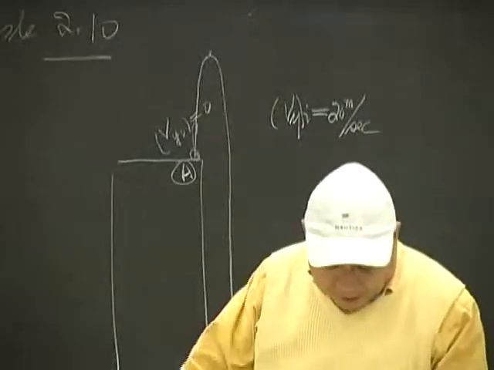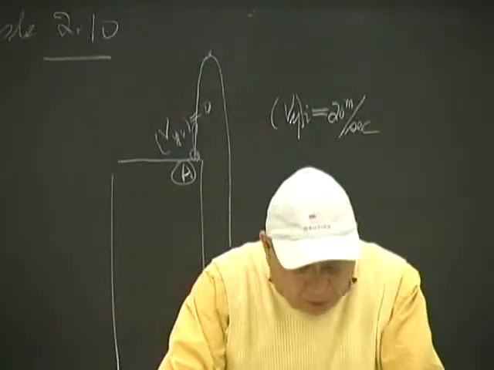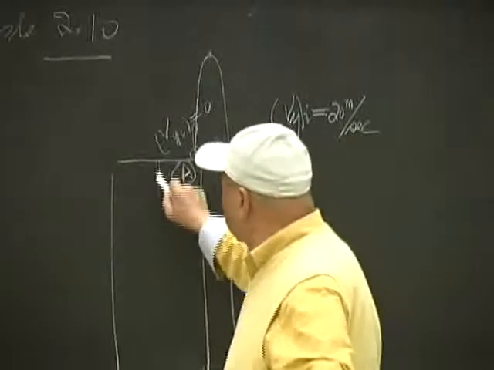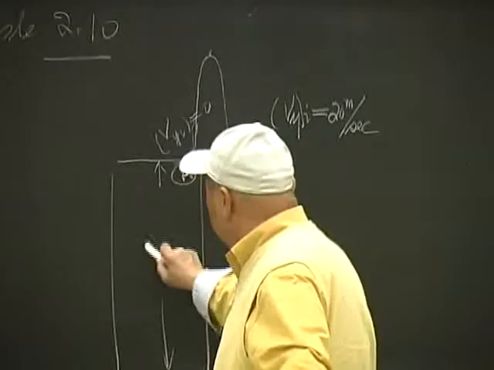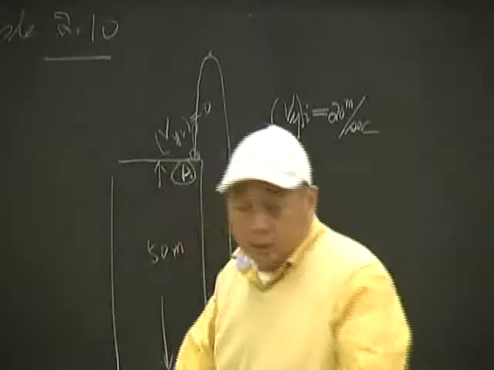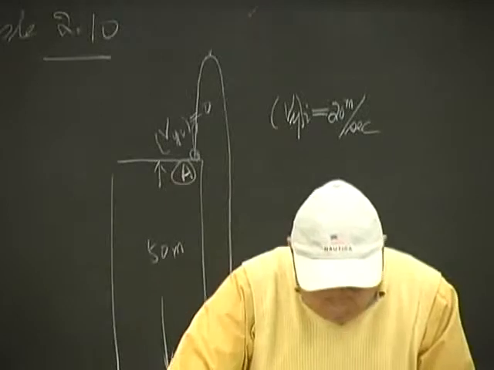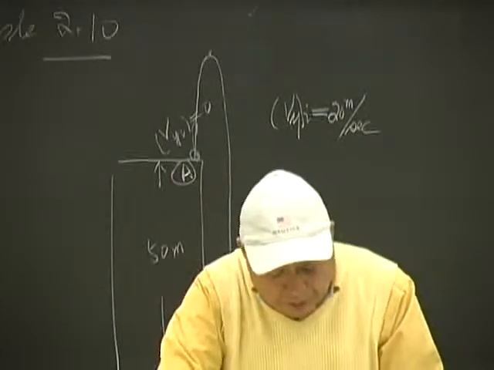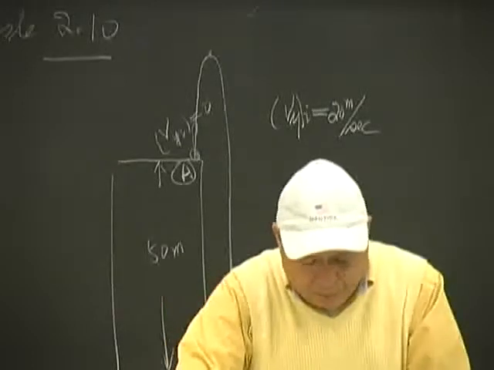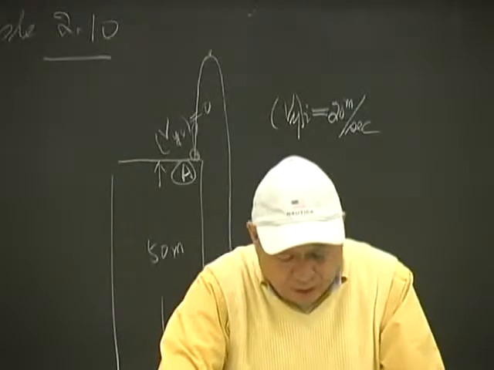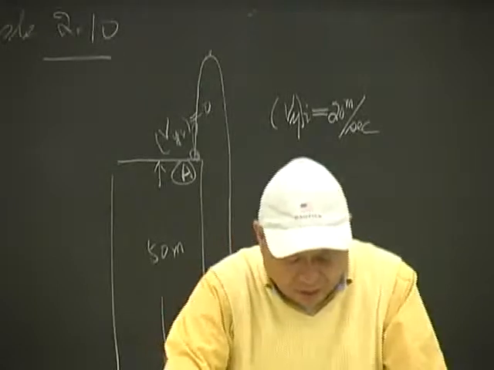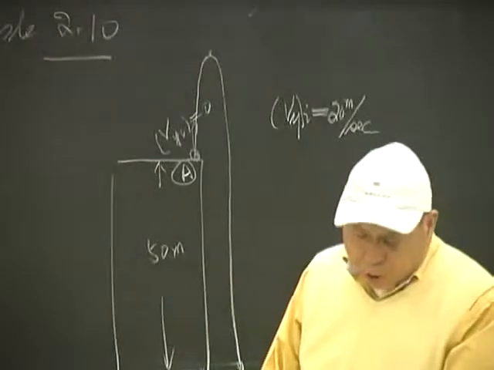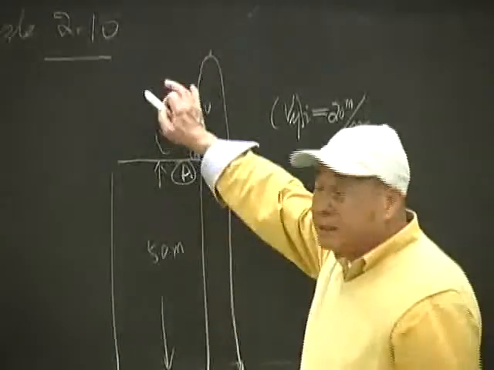The next one says upward. The building is 50 meters high, so from here to here is 50 meters. And the stone just misses the edge of the roof on its way down, as the picture represents. Determine the time at which the stone reaches the maximum height.